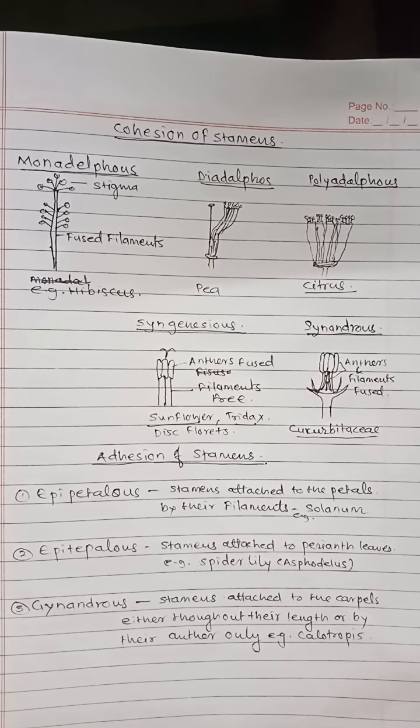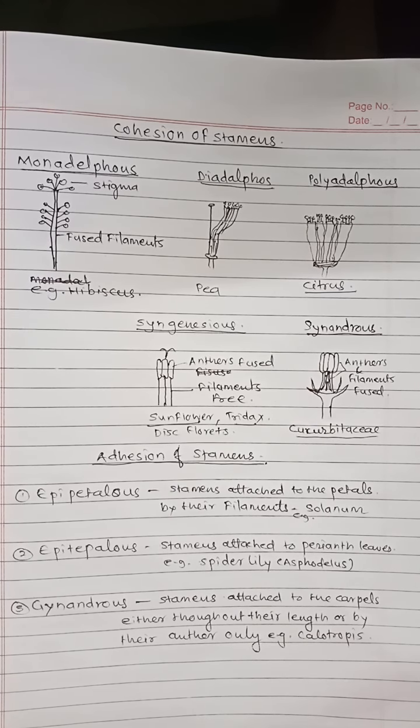Then syngenesious. Anthers of all the stamens of the flower are fused to form a cylinder around the style, and their filaments are free.